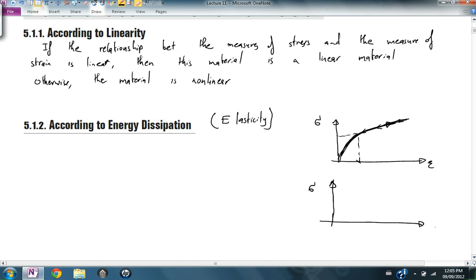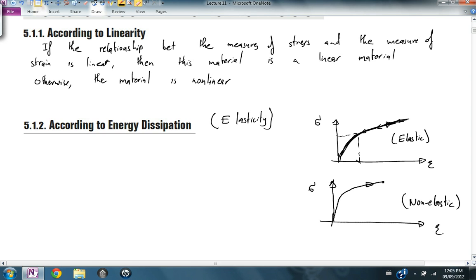If, on the other hand, loading and unloading are different, so I'm going to write here elastic. This is non-elastic. If the behavior is non-elastic, you might dissipate energy. So as you load, you need a lot of force to increase the displacement.